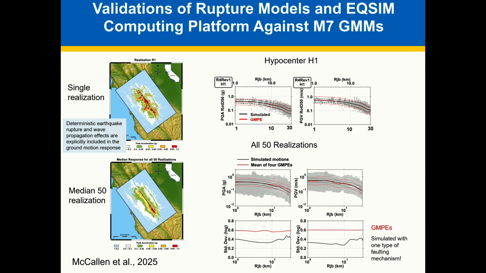I'm sure that if we move on to a much broader database, we will get closer to the 0.6. But what I want to make a point of here is that the standard deviation predicted by the simulation is distance dependent and also frequency dependent, which is not very well characterized in ground motion models.